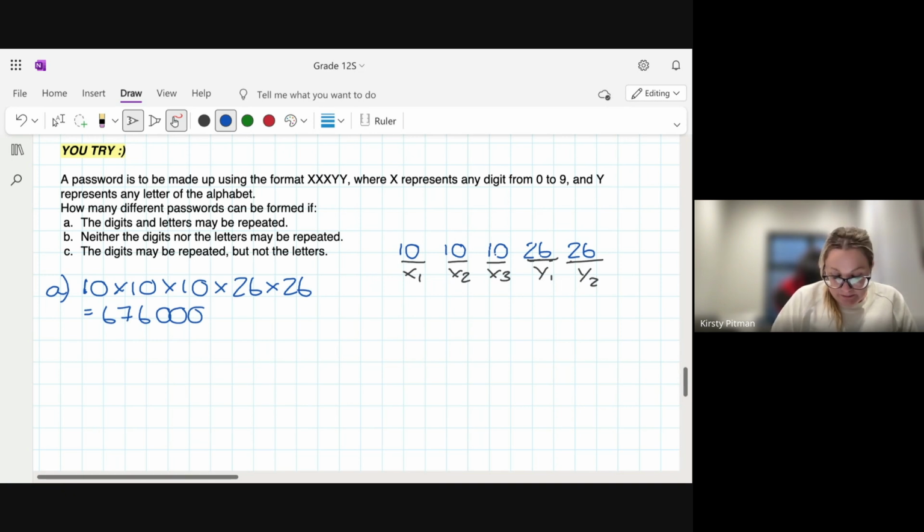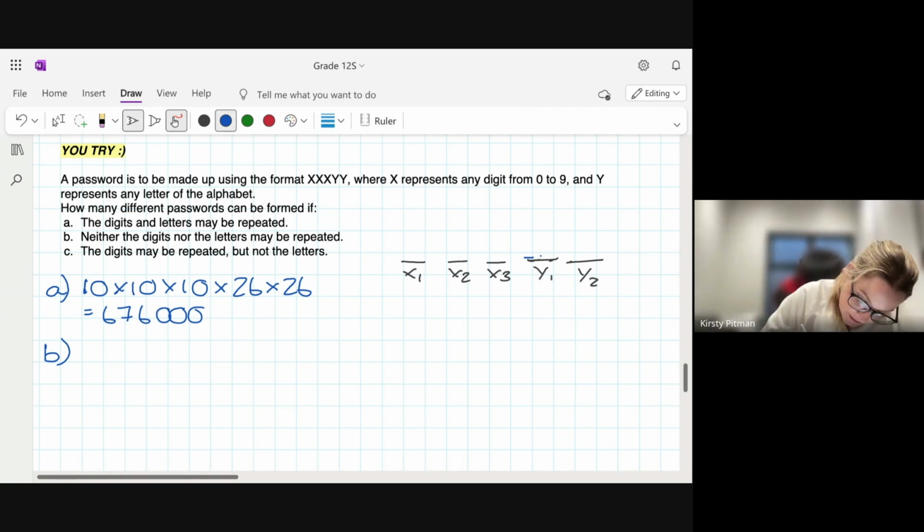All right. Okay. B. Now it's saying to me, nothing can be repeated. So let's go check it out. If it can't be repeated, the first time I pick my numbers, I've got a choice of 0 to 9.